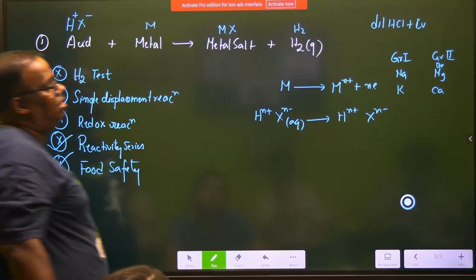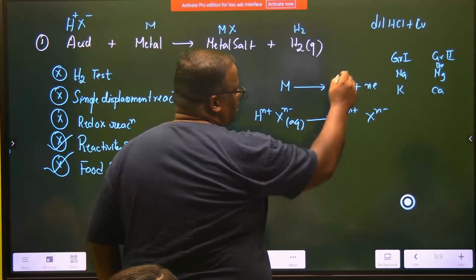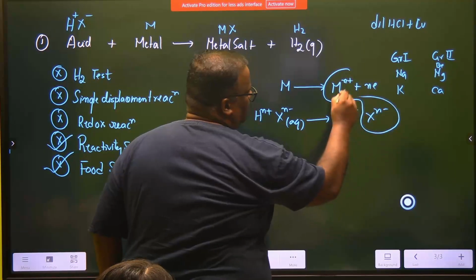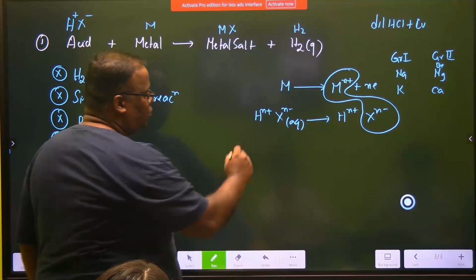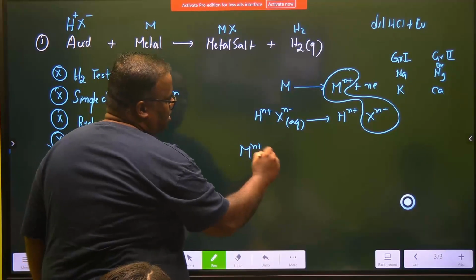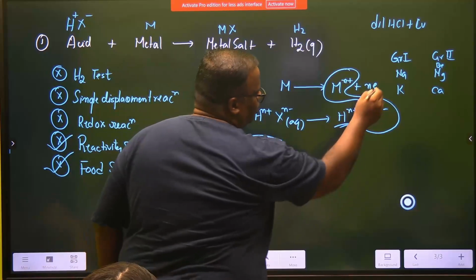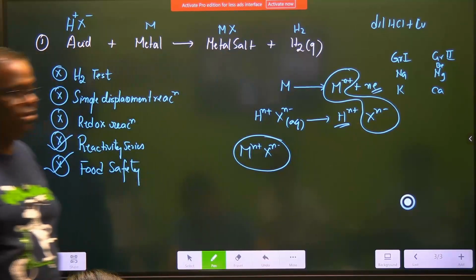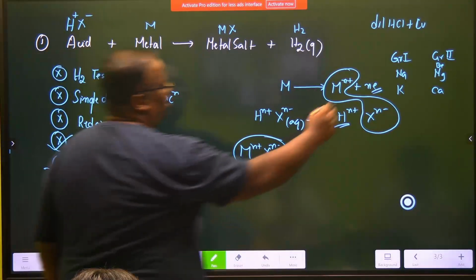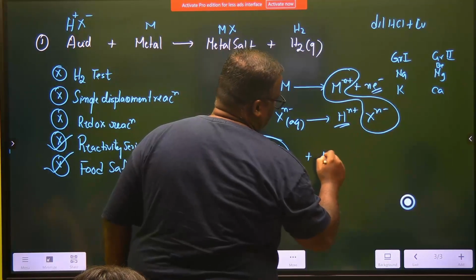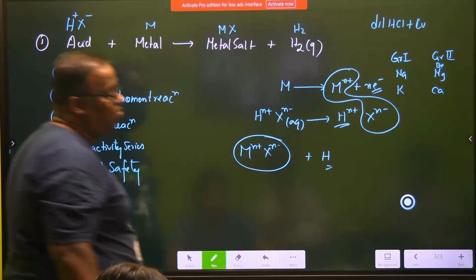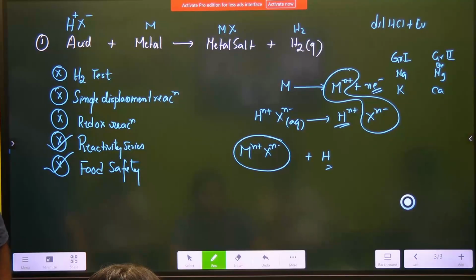Agreed? So what happens? This and this pair up and form M n+, X n-. This is your salt. And this hydrogen will absorb electrons and neutralize, and this will give rise to H. Two H's will combine to form hydrogen gas.